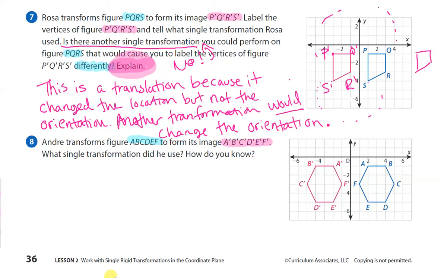Okay, so A's here, B's there, so they're the same distance apart from the y-axis. So it can't be a translation because it has changed orientation. It's flipped around.